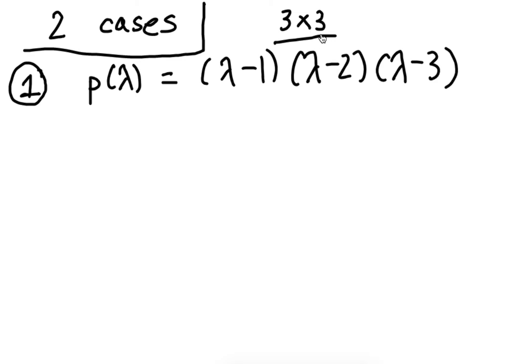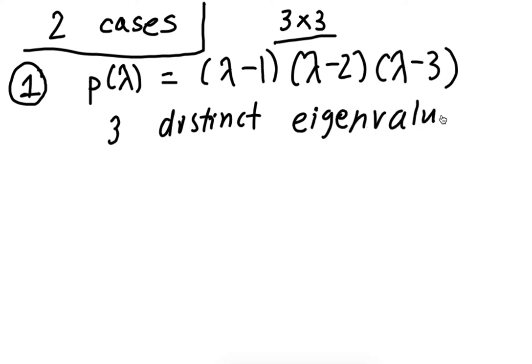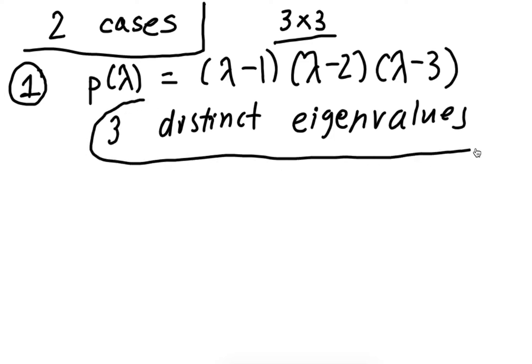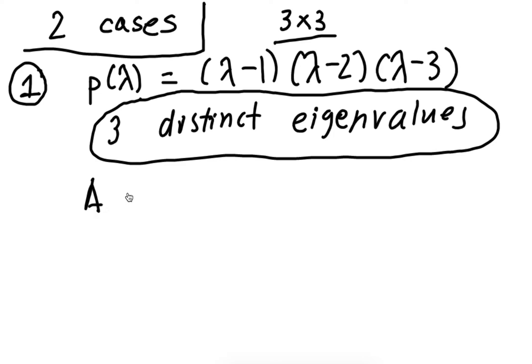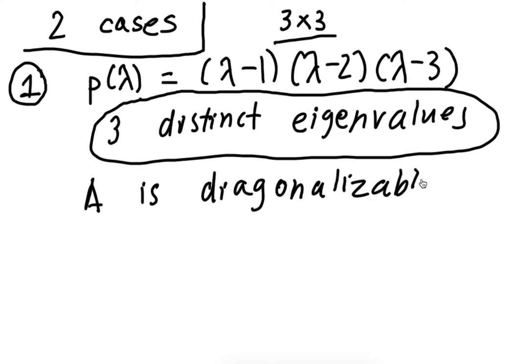If you have a 3 by 3 matrix and you have 3 distinct eigenvalues, this is super important because it's the simplest case, but it's also the most common case. When you have 3 distinct eigenvalues, you immediately know that A is diagonalizable. You don't have to check anything else.